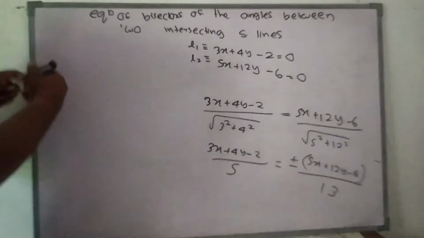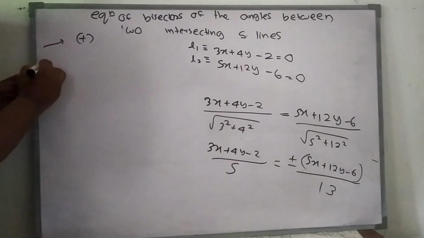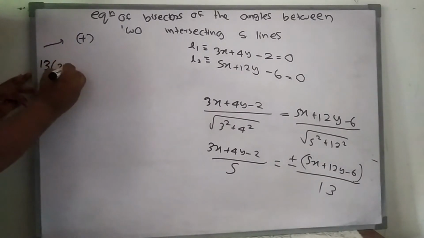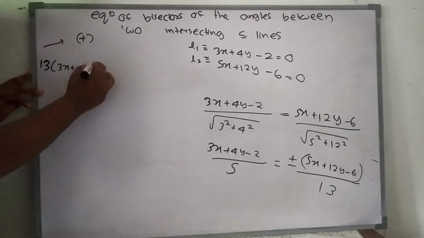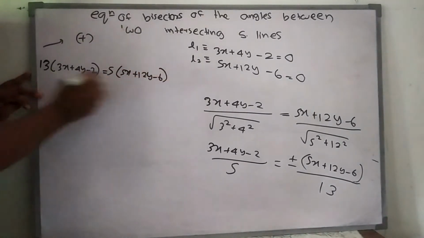So I'm just putting the plus sign. Then it's 13 into (3x plus 4y minus 2) equals 5 into (5x plus 12y minus 6).